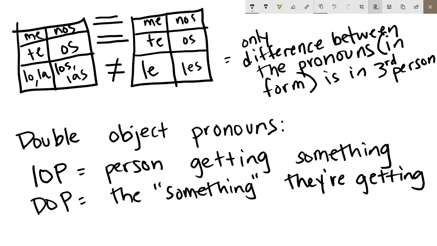Okay, so whenever you put them together in a sentence, you always put the indirect object pronoun first and then the direct object pronoun. We're going to go over placement after I run through just a few examples with you.